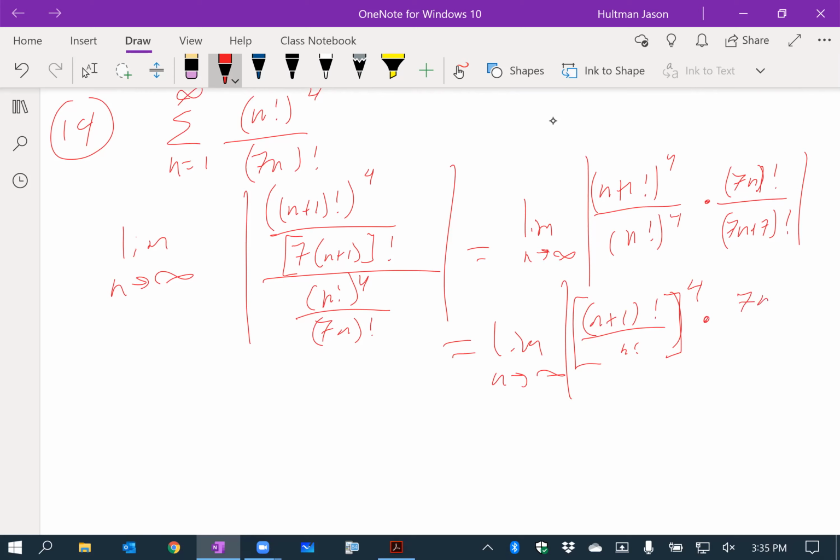I'm just going to write that out: 7n factorial over 7n plus 7 factorial.